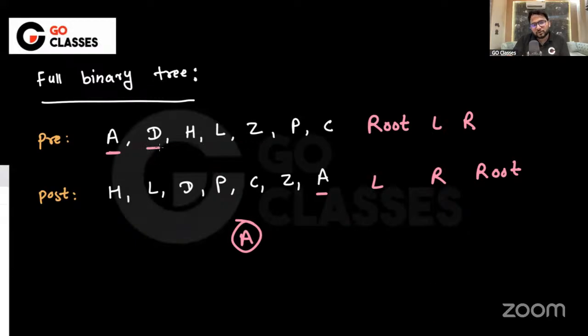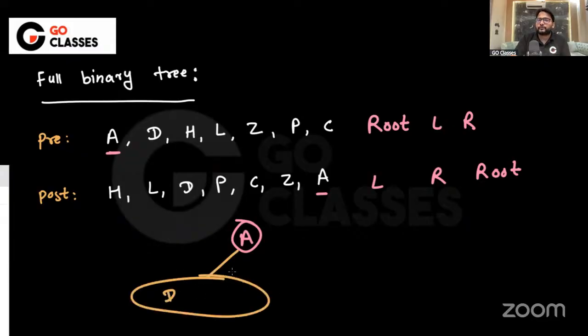It must start with D. So once you find the root, using the pre-order you can say that D is the root for the left subtree. Whatever is on the left you don't know currently, but D must be there.